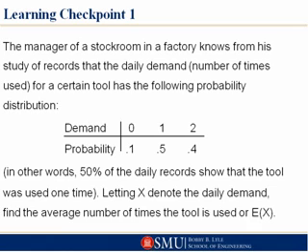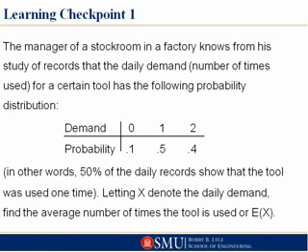So there's a 0.1 probability that the demand is 0, nobody asks for it, 0.5 probability that there is one request for the certain tool, and 0.4 probability that it is requested twice during the day, whatever the day defines. In other words, 50% of the daily records show that the tool was used one time during a day.